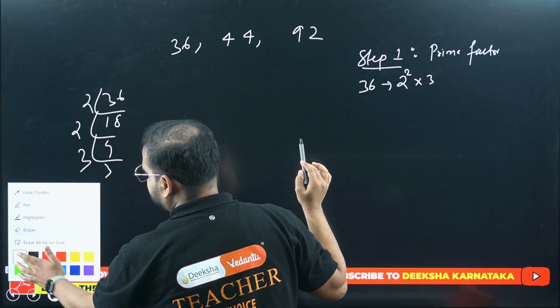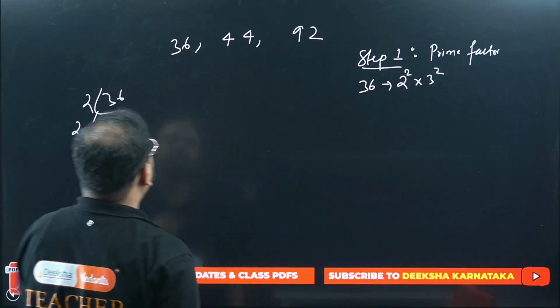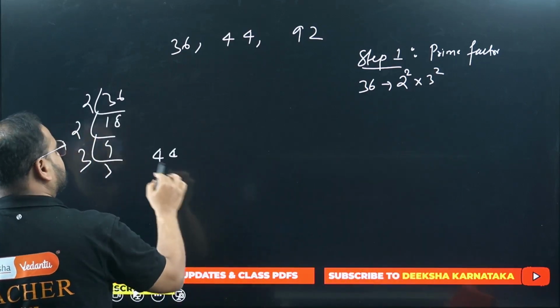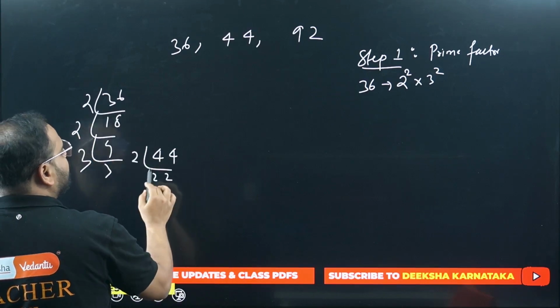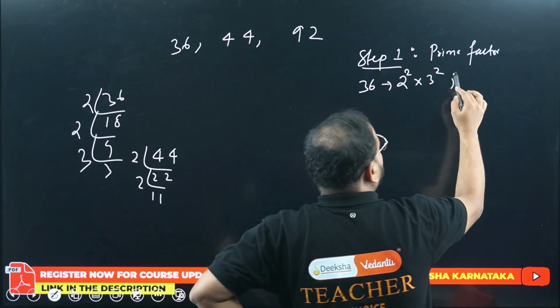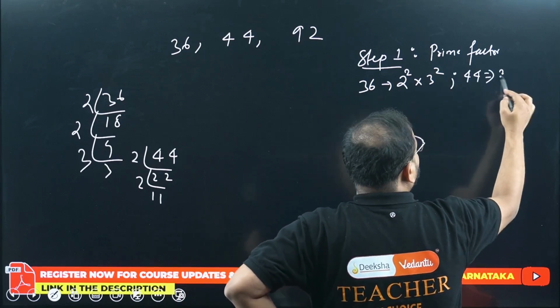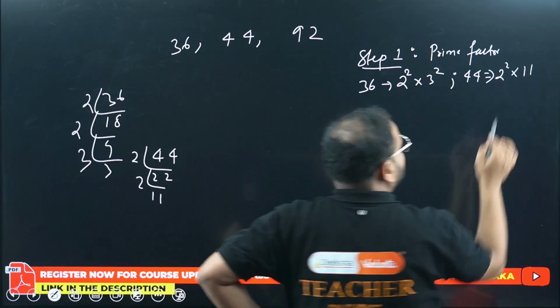Have a look, 36 is done. Now the same I can do for 44 also. 2 times 22, 2 times 11. So write 44 as 2 square times 11.